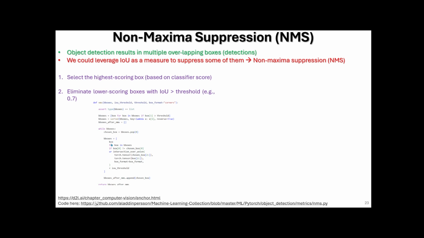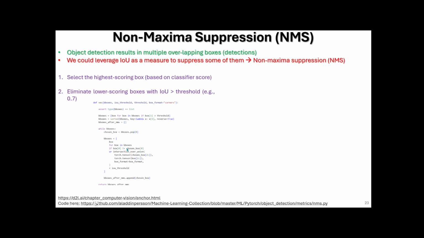Then you compare all other boxes in the list with this chosen box, but you also have to make sure that the boxes you're covering are of the same class. That is what this step tells you.